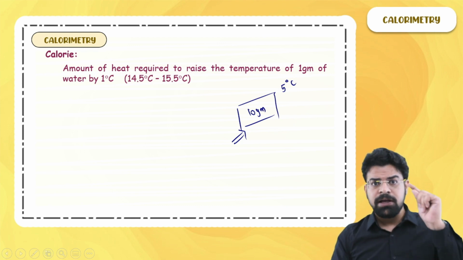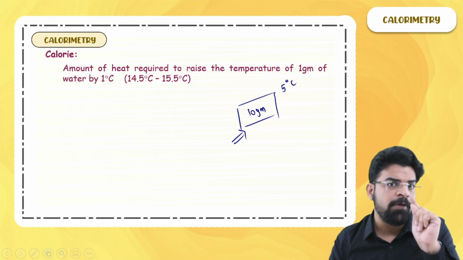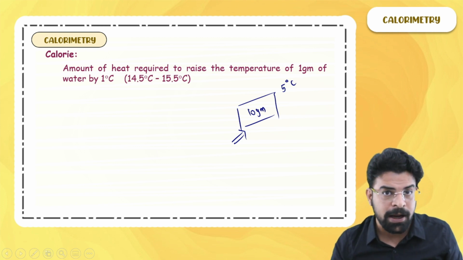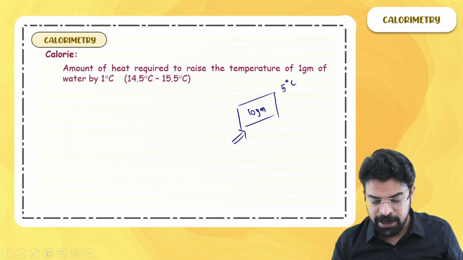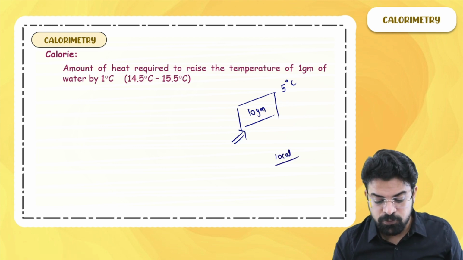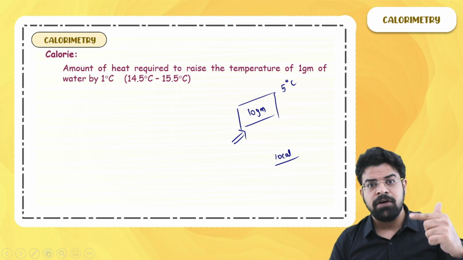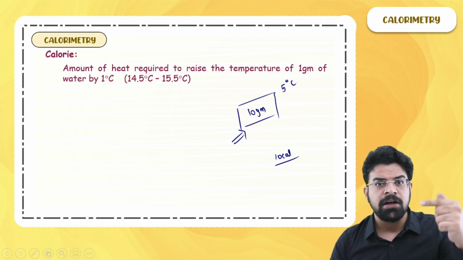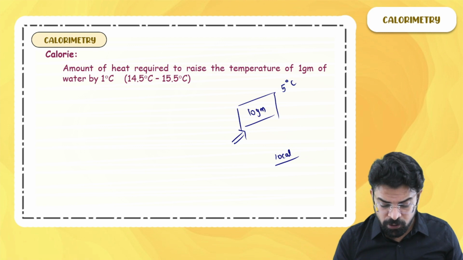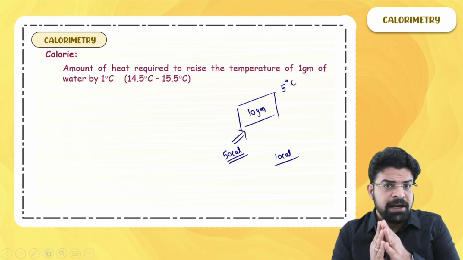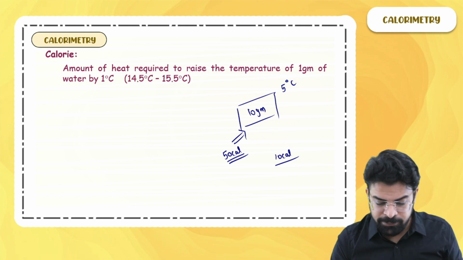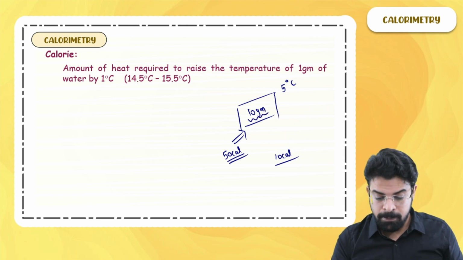So as to increase the temperature of 10 gram of water by 1 degree centigrade, the amount of heat required for each degree centigrade rise will be 10 calorie. And you wish to increase the temperature by 5. So for each degree centigrade rise, you have to give 10 calorie, 10 calorie, 10 calorie, 10 calorie. How many times? 5 times. So the overall heat that has to be provided is 50 calorie. So 50 calorie of heat will be required to increase the temperature of 10 gram of water by 5 degrees centigrade.